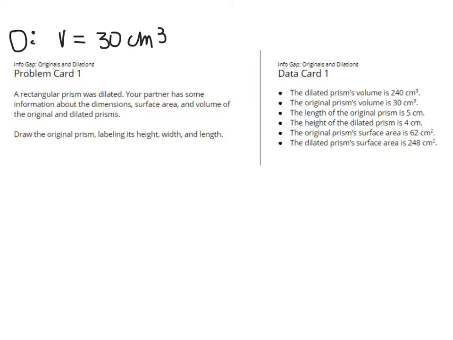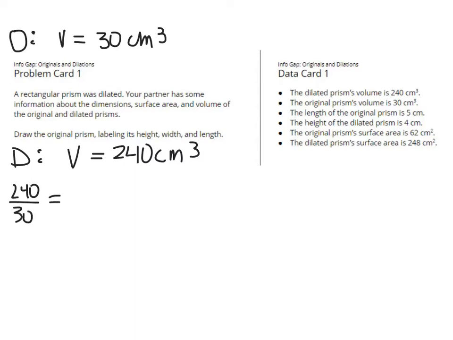And then the dilated volume is 240 centimeters cubed. So I'm going to find out that scale factor. 240 divided by 30, and it's volume, so I'm going to take the cube root, which is going to be 2. I've got a scale factor.